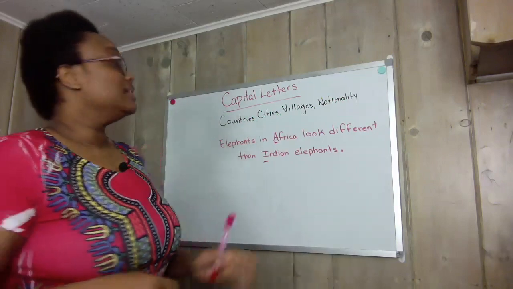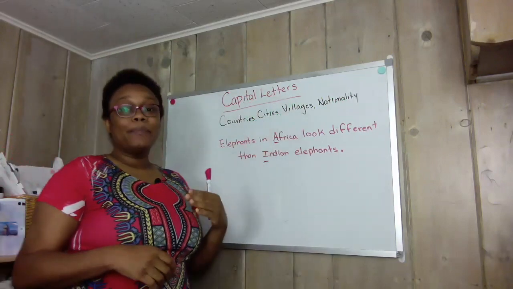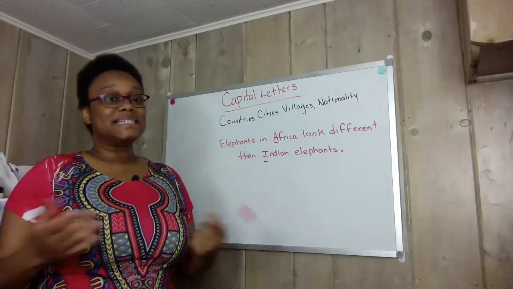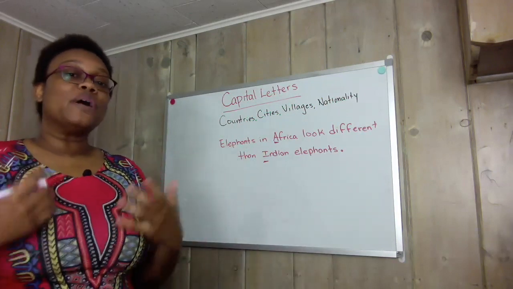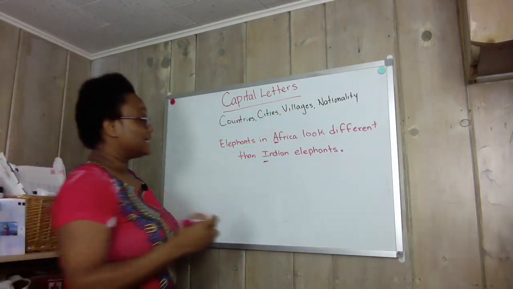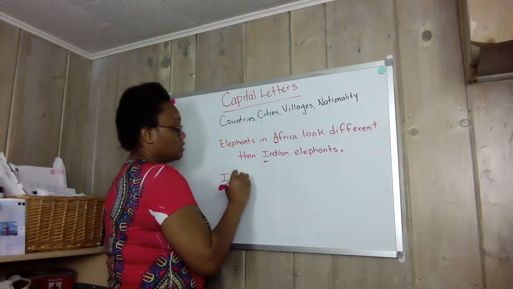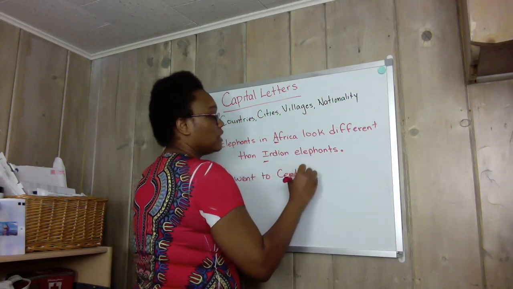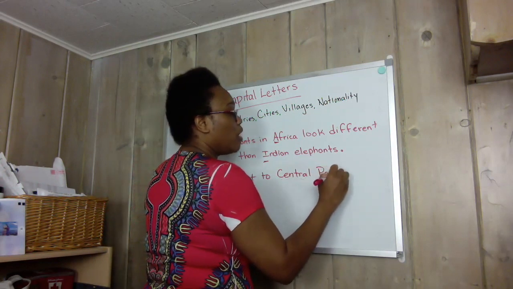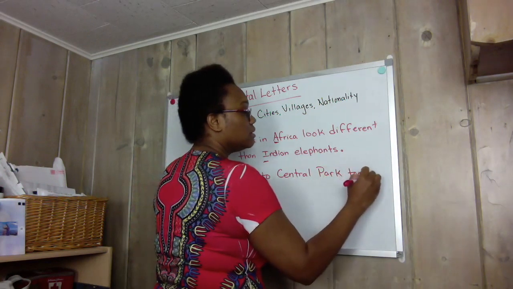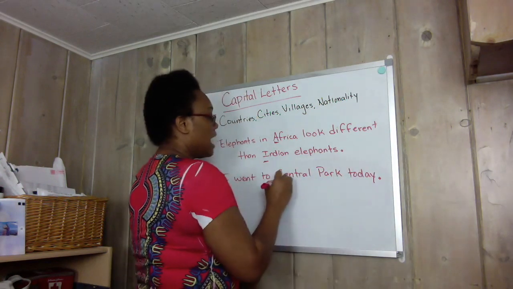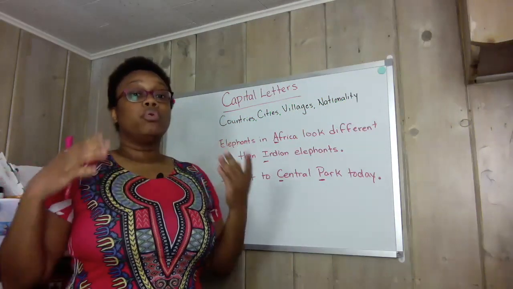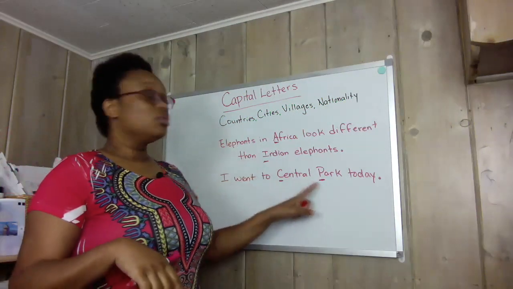I also mentioned that you want to capitalize specific things or places. For example, if I'm talking about a specific place, I went to Central Park today. I'm capitalizing, again, this is a two-word proper noun, Central and Park.